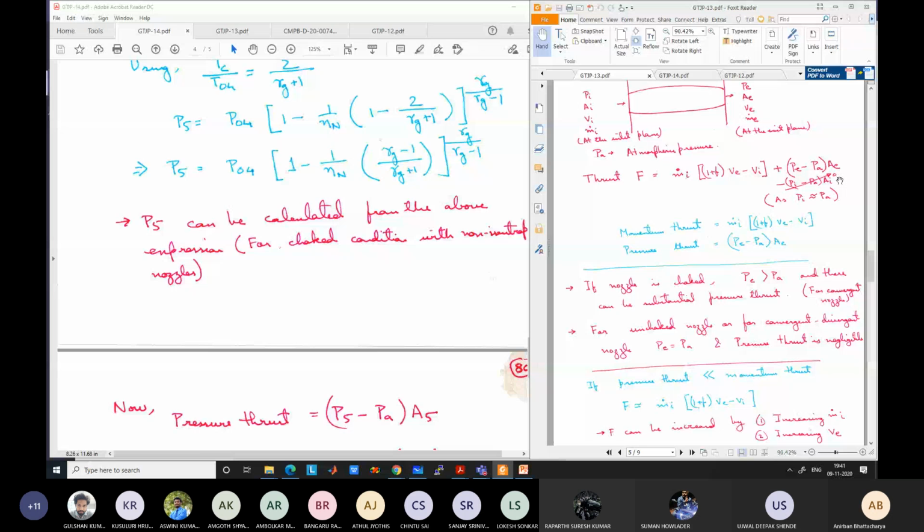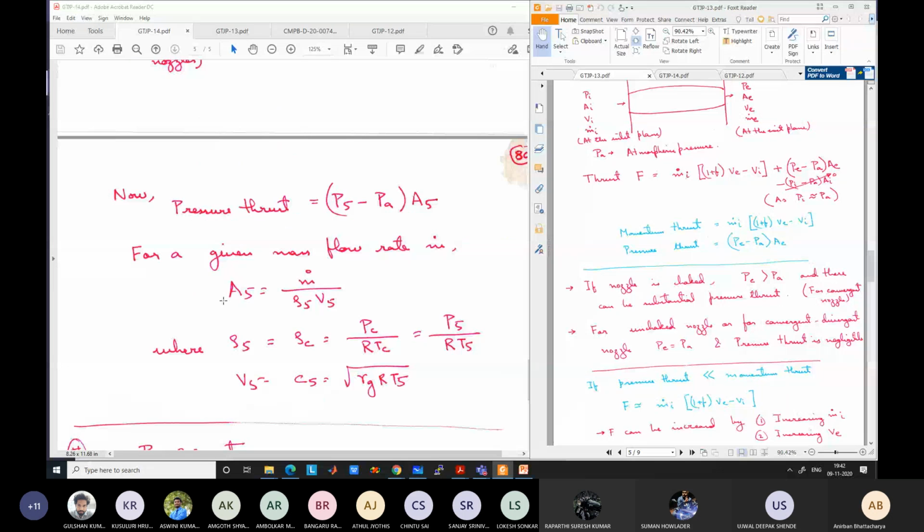If you want to calculate accurately, you have to also consider the fuel air ratio, m dot a into 1 plus f. If you ignore the fuel air ratio, this is just m dot. So whatever is the mass flow rate, divided by the exit density into exit velocity, because m dot is equal to rho A V, right?